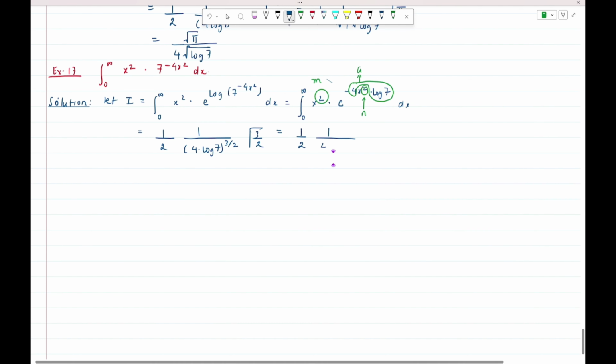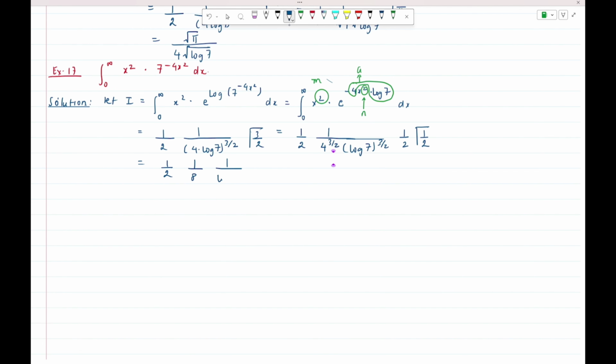Then splitting this up, we will be getting 4 raised to 3 by 2 times log of 7 raised to 3 by 2. And gamma of 3 by 2, we need to write it as half into gamma of half. So this is 1 over 2. Now 4 raised to 3 by 2 means it is 4 cube, which is 64. And then 64 raised to half is going to be square root of 64, that's 8.